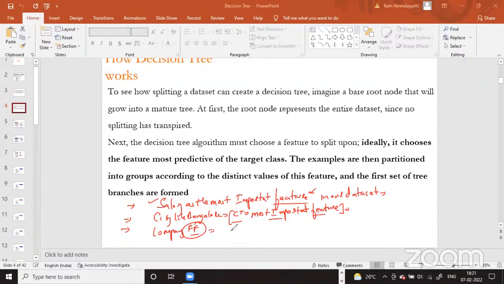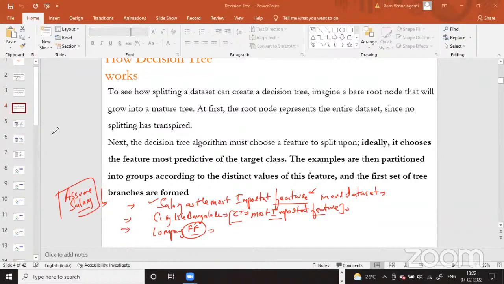So what is important here to understand? We are assuming that salary is the most important feature. But later on, there are some statistical methods that we can use to find out what is the most important feature in our data set, with the help of which you can construct your decision tree.